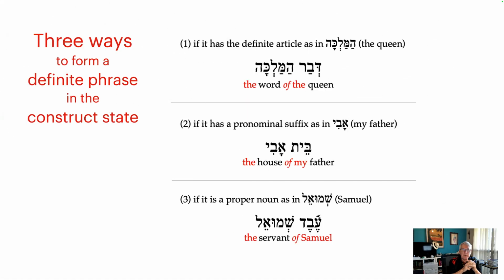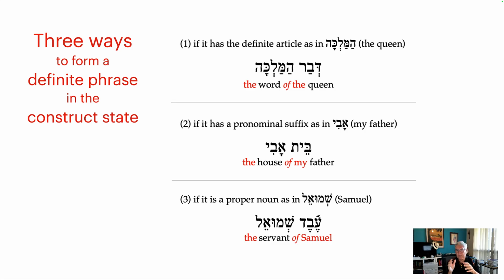So there are three ways to make a construct phrase definite. Definite can be either because there's an article, the word of the queen, Devar HaMalka, or because the final noun, the absolute noun, has a pronominal suffix, and we're going to introduce you to pronominal suffixes in this session.